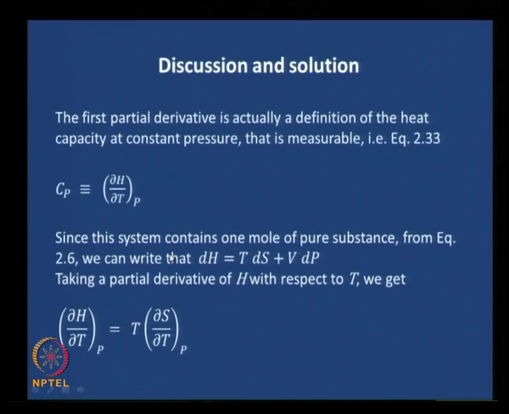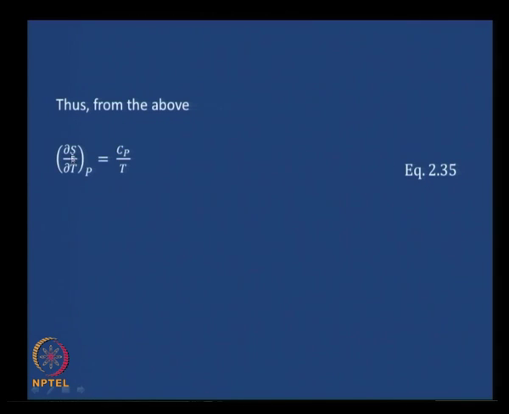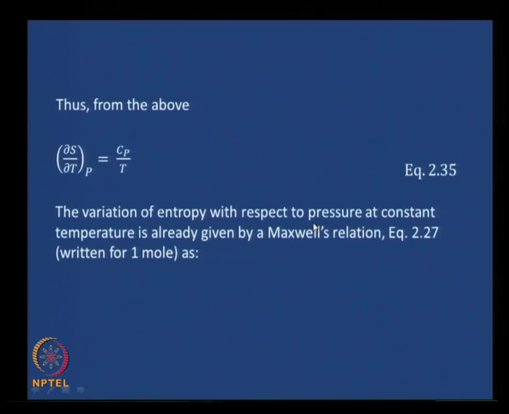Let us go back a little bit. ∂H/∂T at constant P equals Cp, and we had gotten this as T ∂S/∂T at constant P. You equate this to this, Cp is easily measurable, and therefore we get ∂S/∂T at constant P equals Cp by T. So we have handled this also. We will call this equation 2.35. So we have some more remaining.